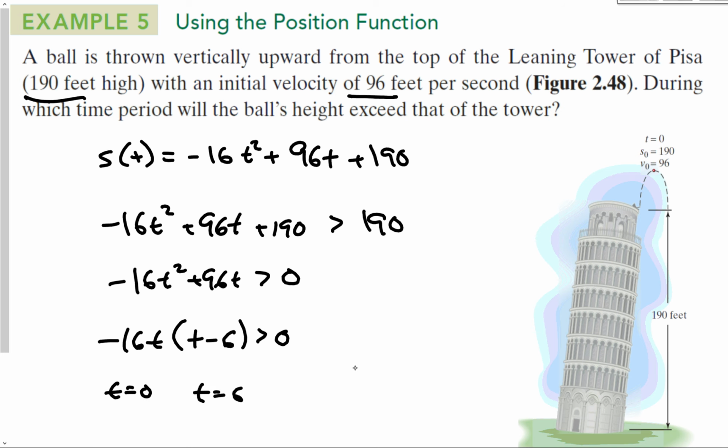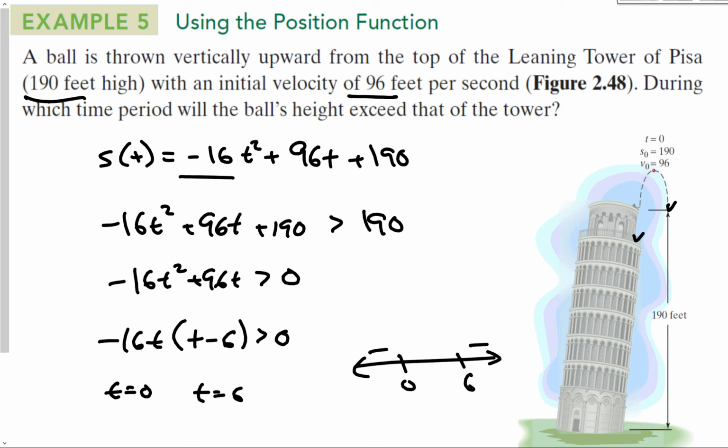So on my little sign chart here, 0 and 6. And because this is obviously a parabola right there, right? If you throw the ball upwards, well, look, my leading coefficient is negative, so both sides go down, which they do. This side, if you kept going, would go down.